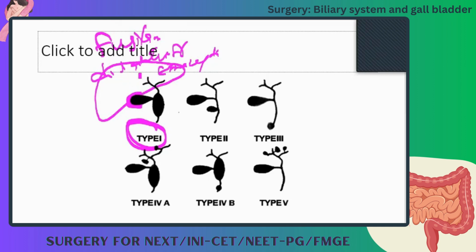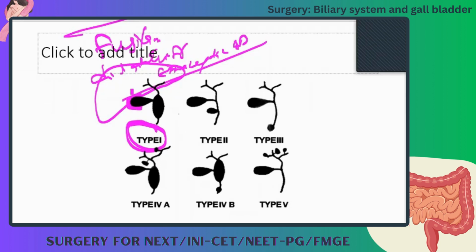Intrahepatic means within the liver; this is extrahepatic. Okay, this is type 1. Agree? Yes, sir. So what is type 2? See here. This is the gallbladder. What is it like?